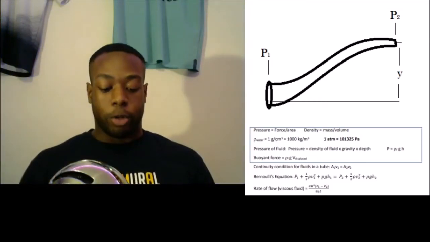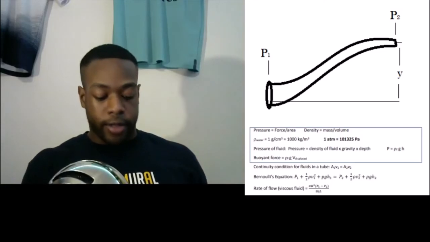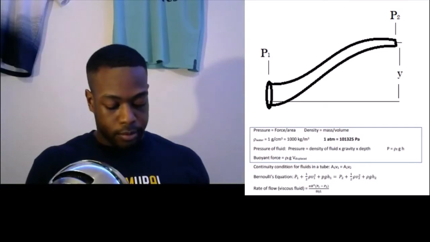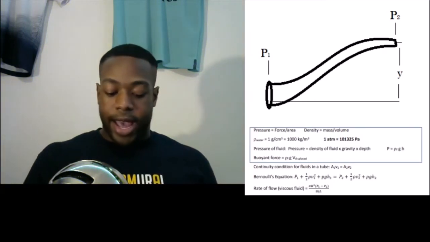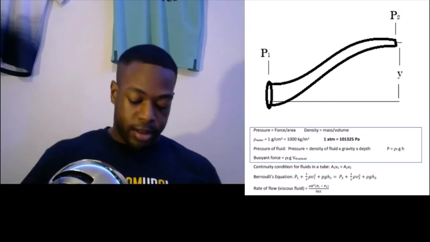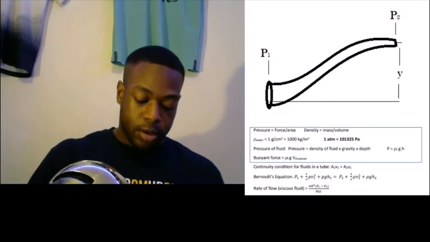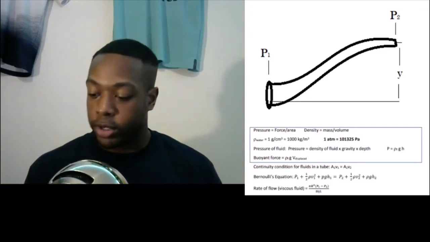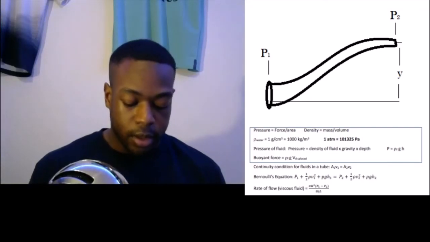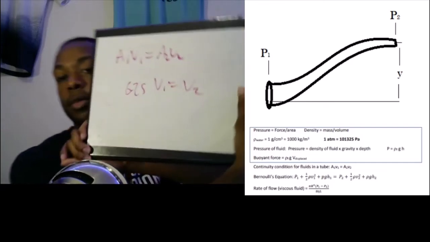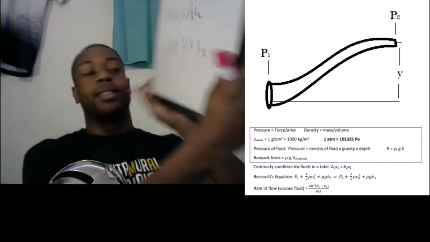Let's clean it up a little bit, make an actual value for that. If I simplify those terms, we get that velocity 2 is 6.25 times velocity 1.